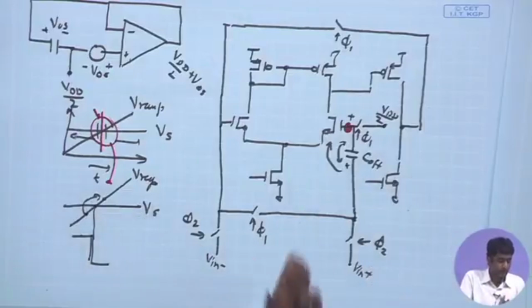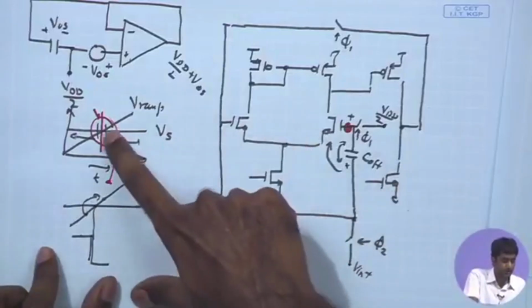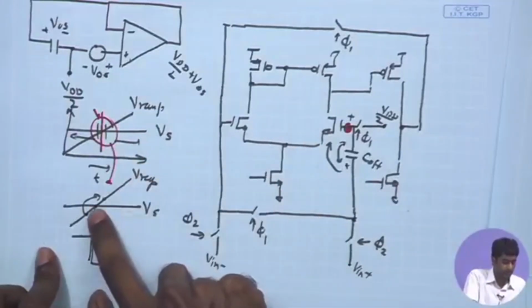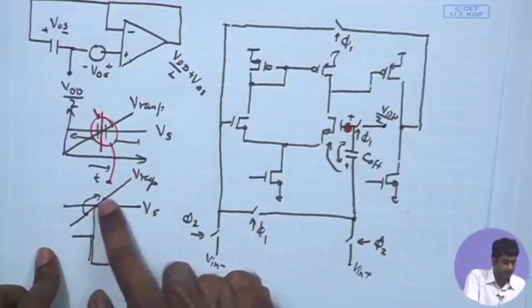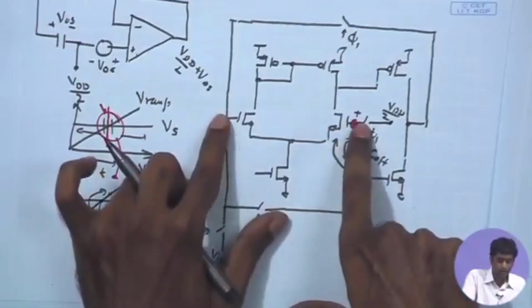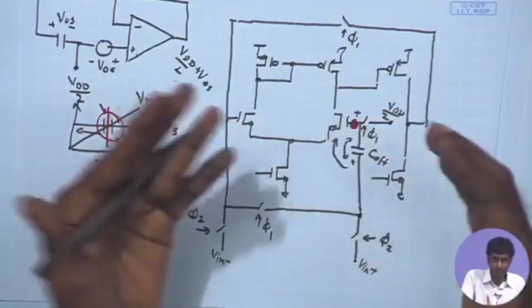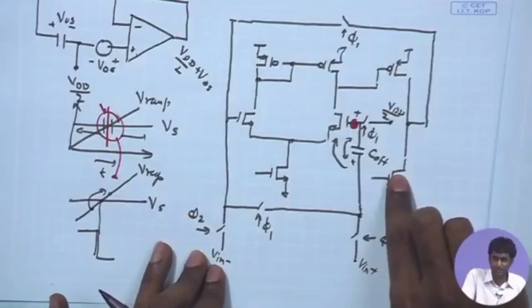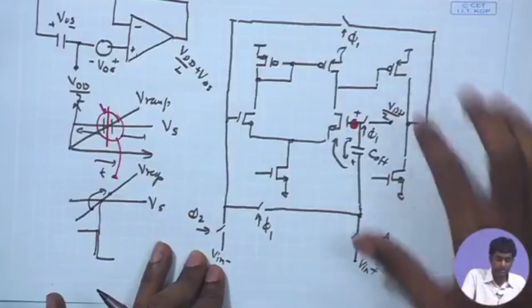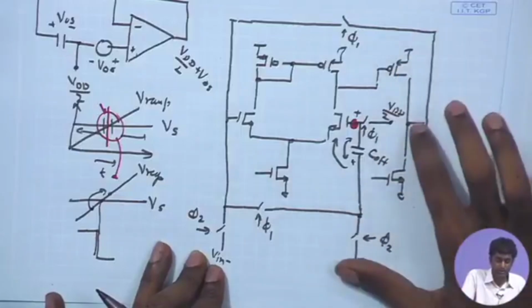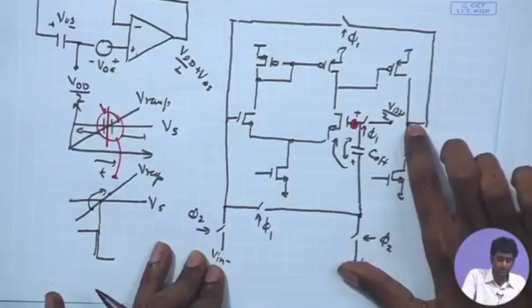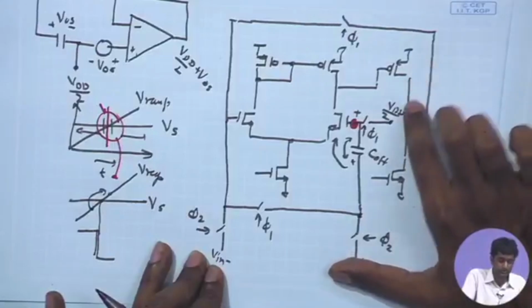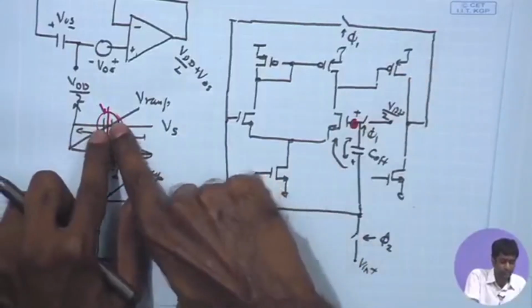However, we will see the case where even in this region, when V ramp is approaching Vs and the two are almost similar, even under that condition, of course, we cannot guarantee that the output will be close to VDD by 2 and these transistors in saturation. Suppose the output is very close to VDD, or it is remaining close to VDD even when these two signals are very close together.